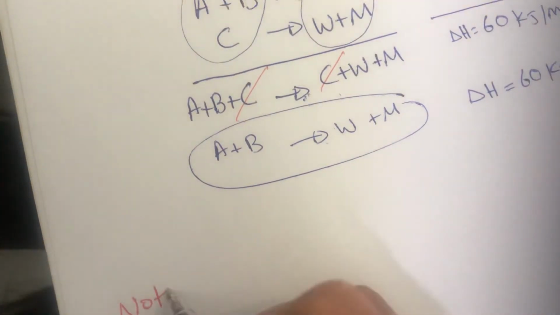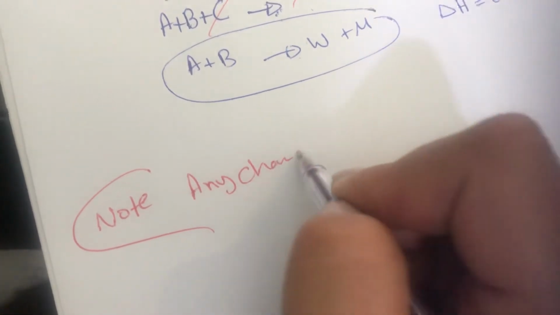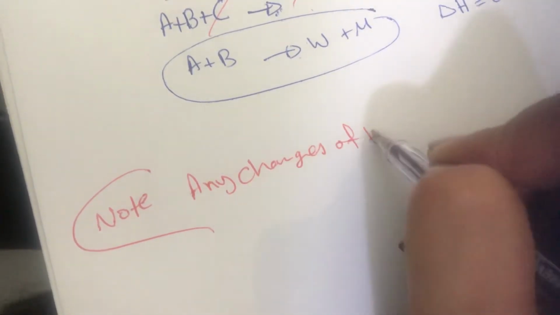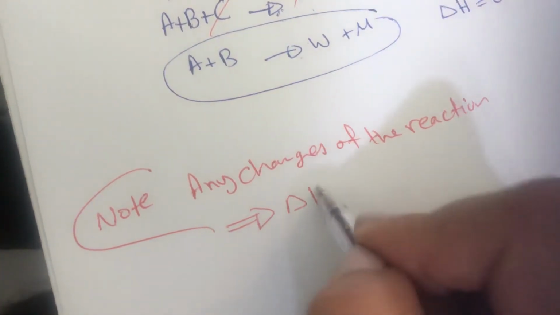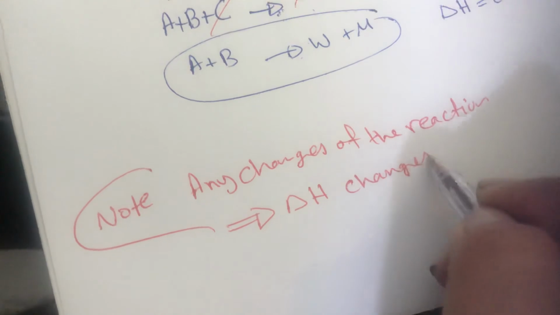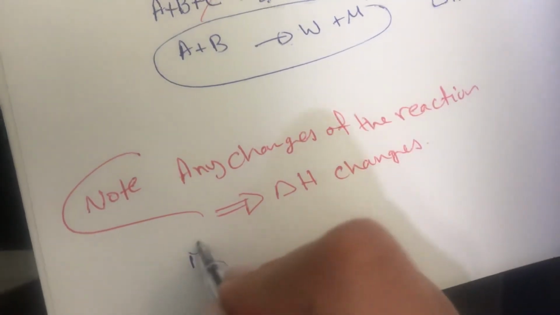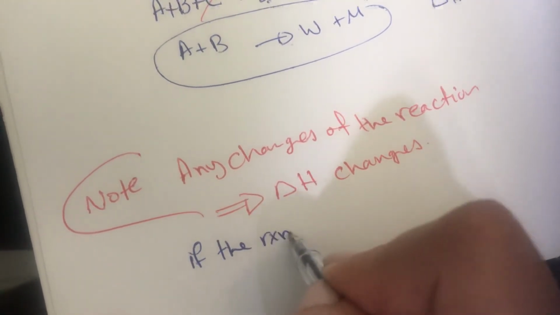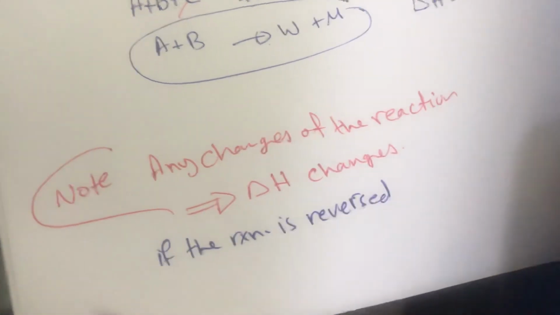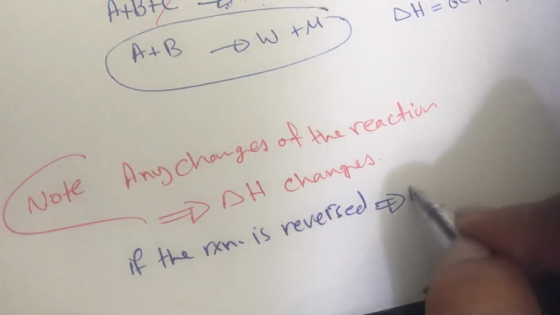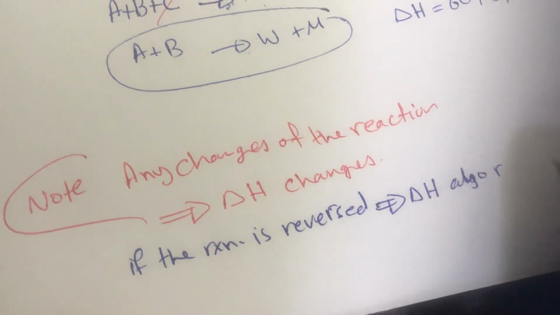Before the example, you have to note that any change of the reaction changes delta H. For example, if the reaction is reversed, so delta H is also reversed.